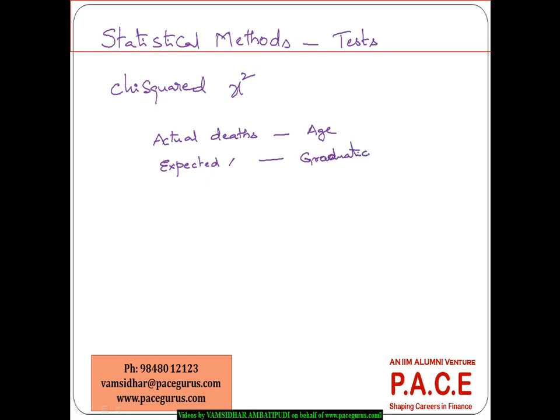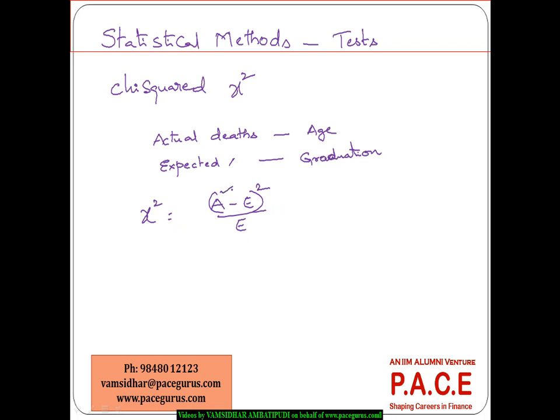I am trying to find the actual number of deaths and expected number of deaths, and at the same time compute the chi-square statistic. The chi-square statistic directly comes out as the actual minus the expected, whole squared, divided by expected. That is what typically comes out in case of the chi-square statistic. So we are trying to compute the same.